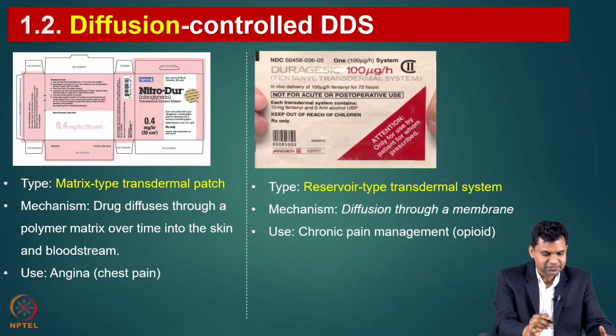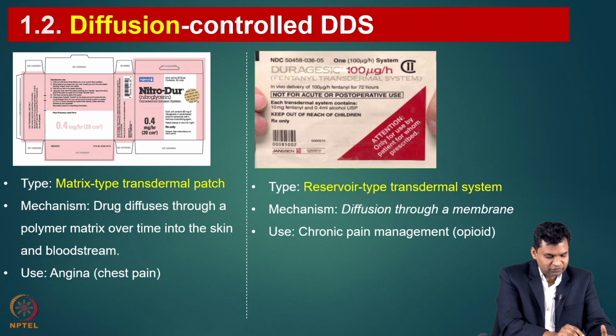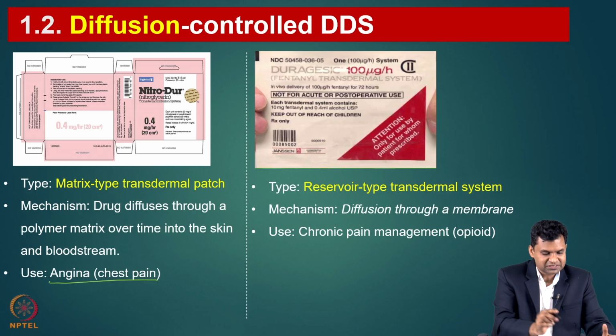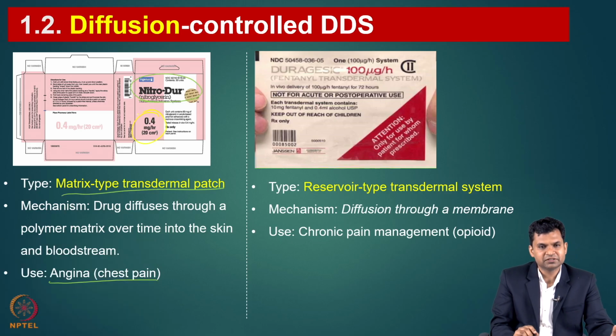The first product is Nitrodur, which contains nitroglycerin and can be used for angina pectoris. Whenever you have high blood pressure, in such cases we can use it for the treatment of angina pectoris. Of course, we need to control the blood pressure and keep it within the limit. This is a matrix type transdermal patch. The brand name is Nitrodur, and it contains a dose of 0.4 mg per hour.